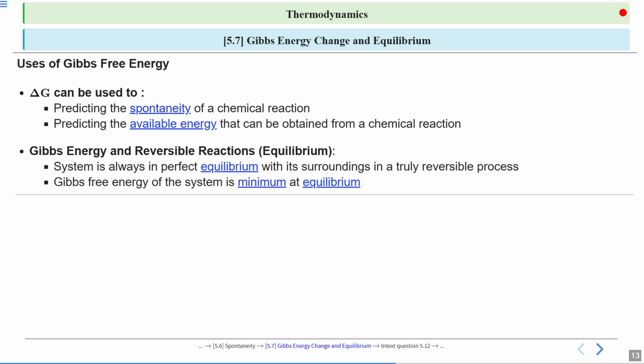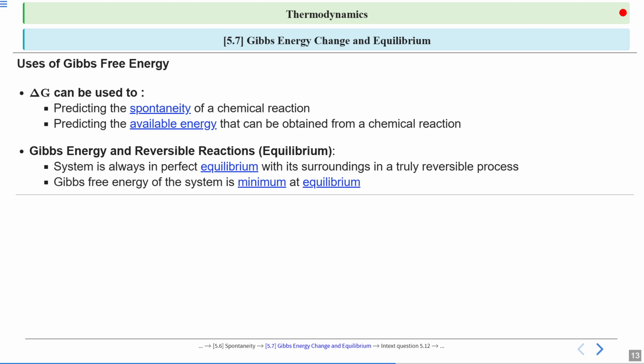How? Suppose you have a system and it has a minimum Gibbs free energy value of 2. Now, what other values can it have? It can have 2.1, 2.2, 2.3, 4, 5, 10, anything.